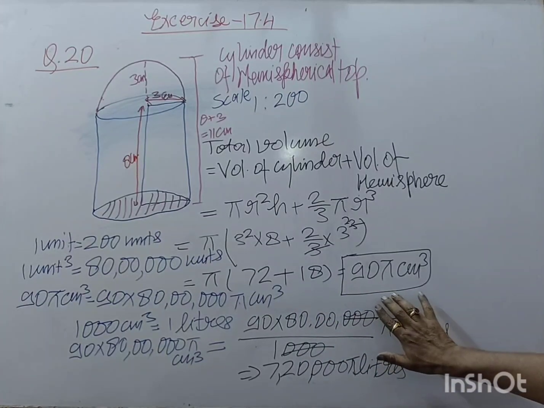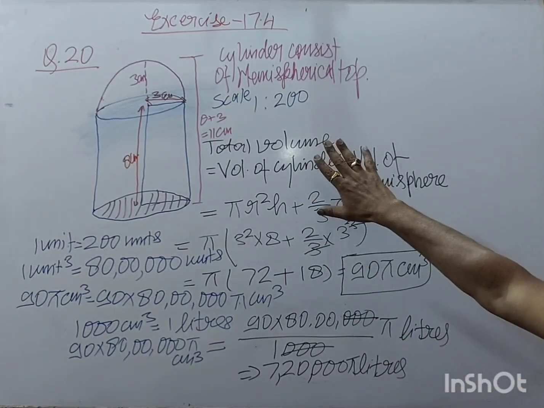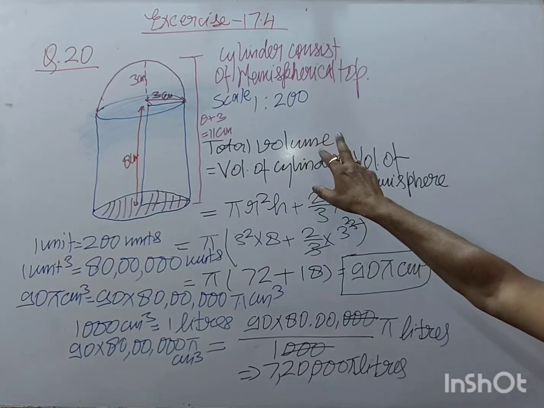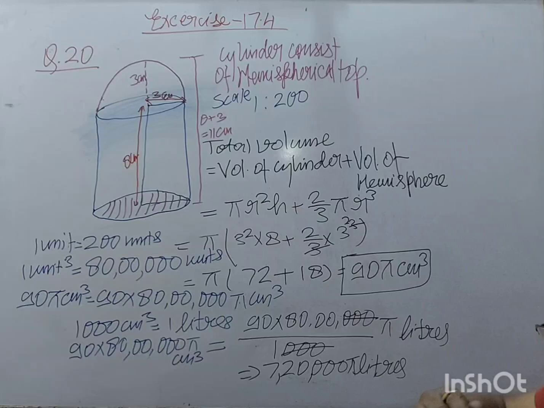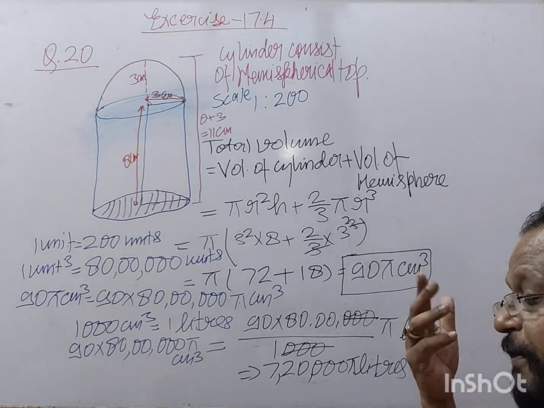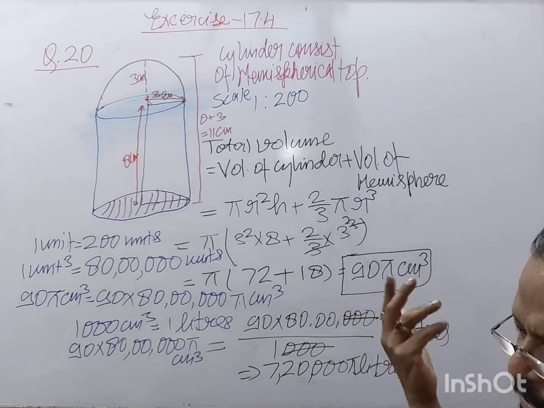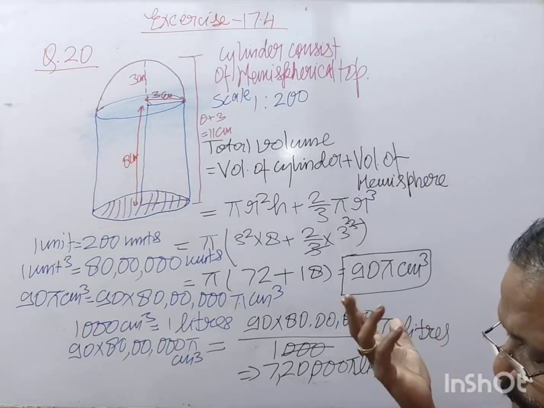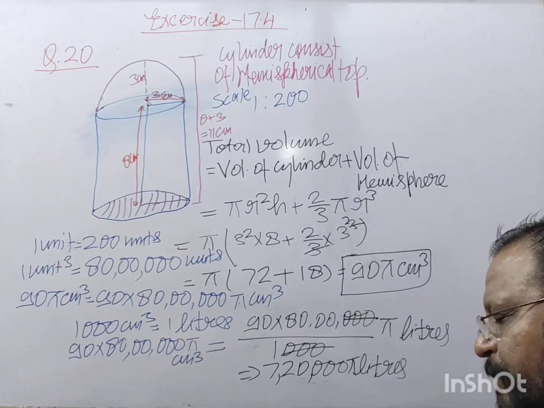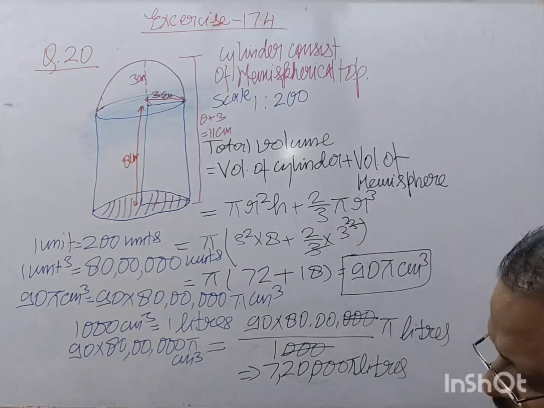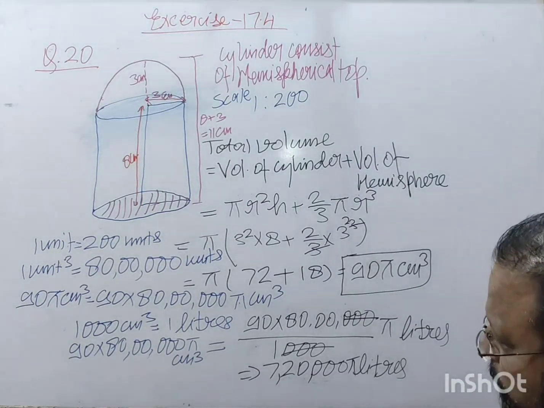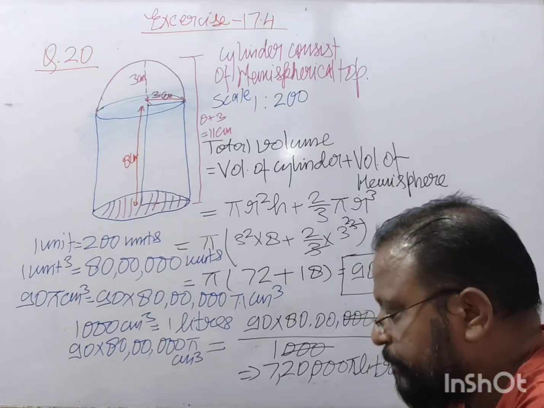You get 90 pi centimeter cube and you have to convert it. When 1 unit is equal to 200 units, then for unit square it is 40,000 unit square, and for 1 unit cube it is 80 lakh unit cube.